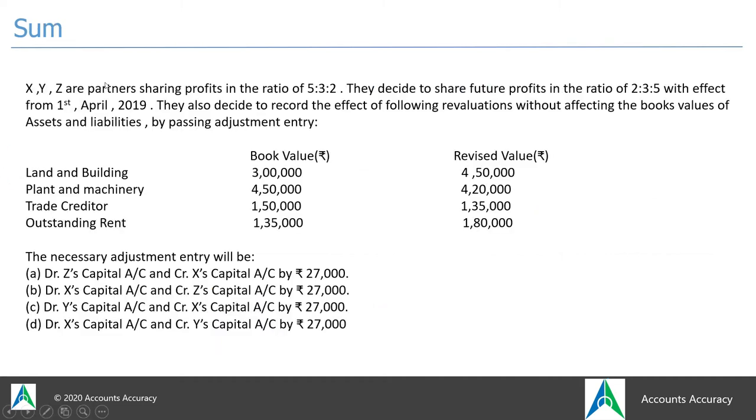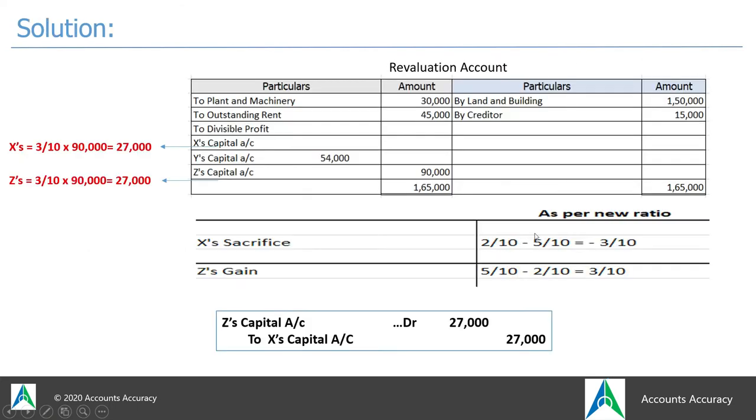Now the next thing is that there is a change in the profit and loss ratio and we need to find out the sacrificing and the gaining ratio here. So when from the old ratio we deduct the new ratio, we get the sacrificing ratio, and when from the new ratio we deduct the old ratio we get the gaining ratio.